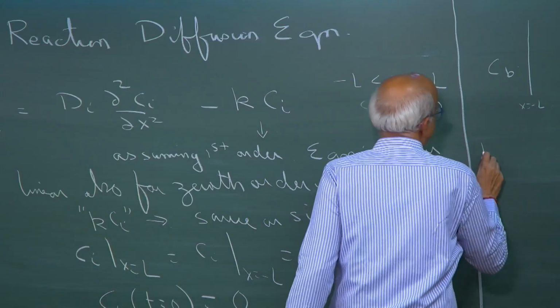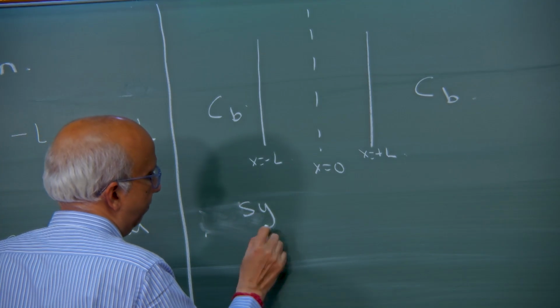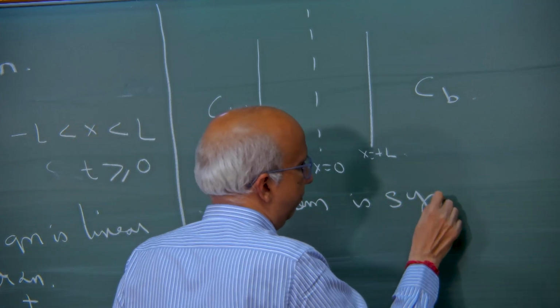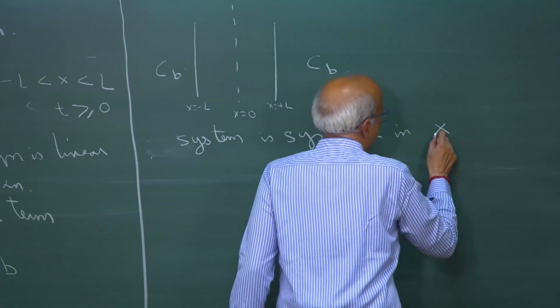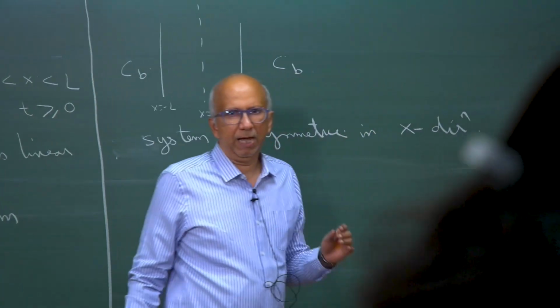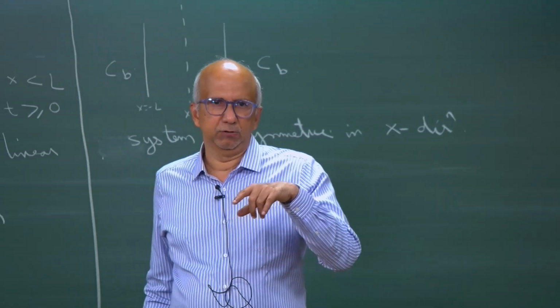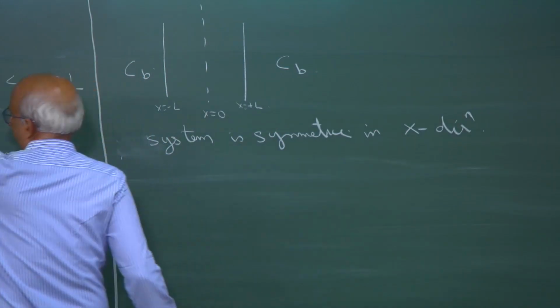So, the system is symmetric in the x direction. How do I conclude this? I just have to substitute wherever x is there, put minus x. The x is there only in this second derivative term.